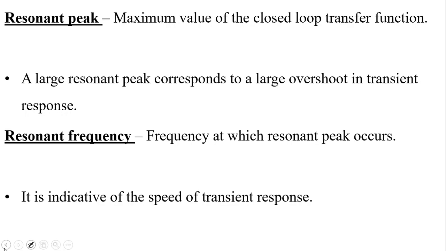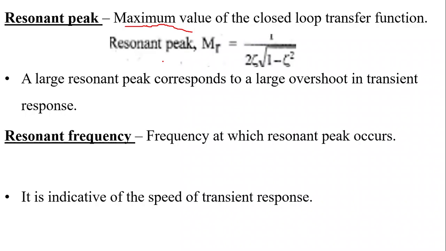The first one is resonant peak. The maximum value of the closed loop transfer function is known as resonant peak. The formula to find the resonant peak, generally denoted as Mr, is Mr equal to 1 divided by 2 zeta square root of 1 minus zeta square, where zeta is the damping ratio.